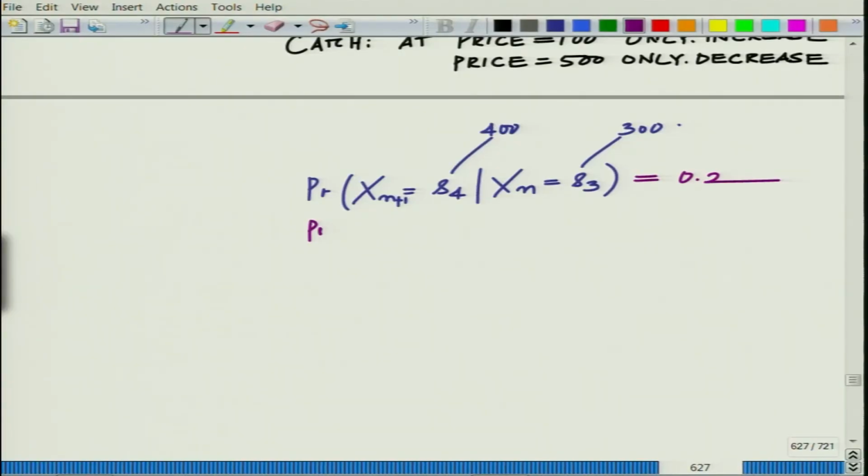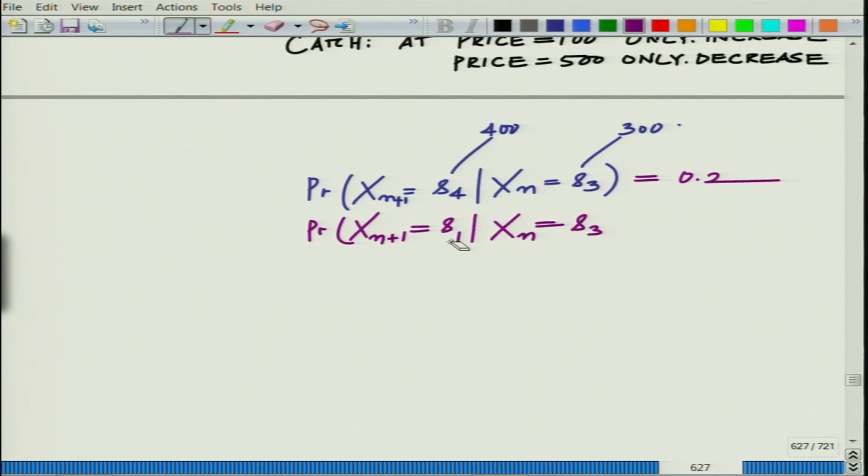Similarly, what is the probability x n plus 1 equal to S2 given x n equal to S3?